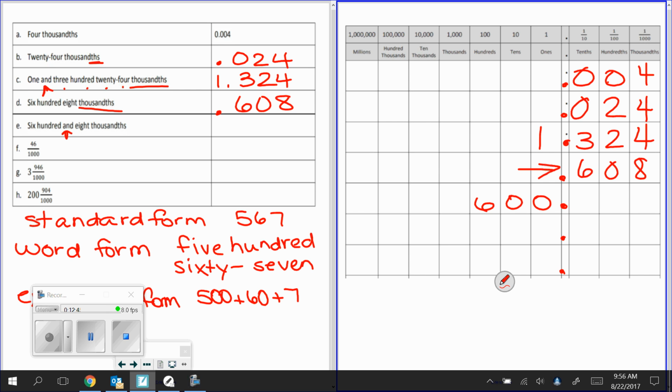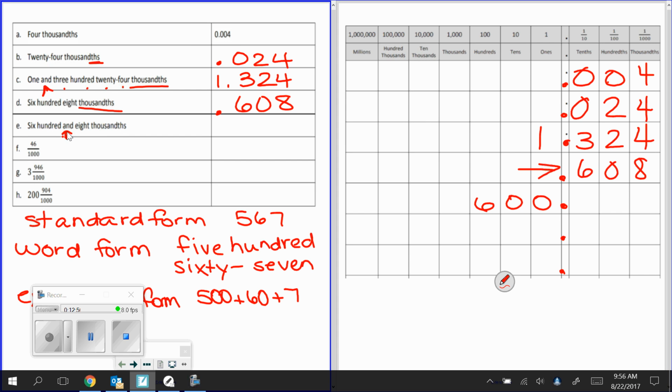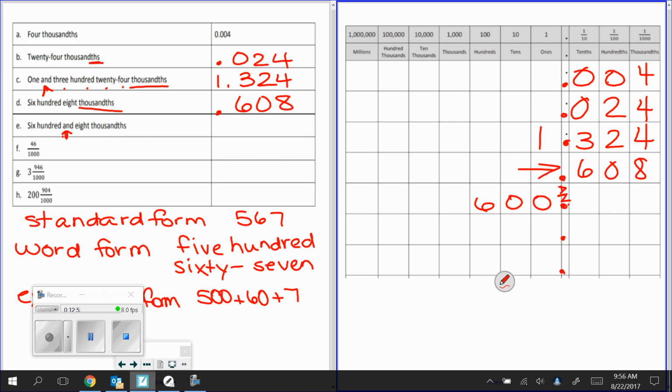600. And 8 in the thousandths place. That's why you don't need to say 608. Because it's not really 600.